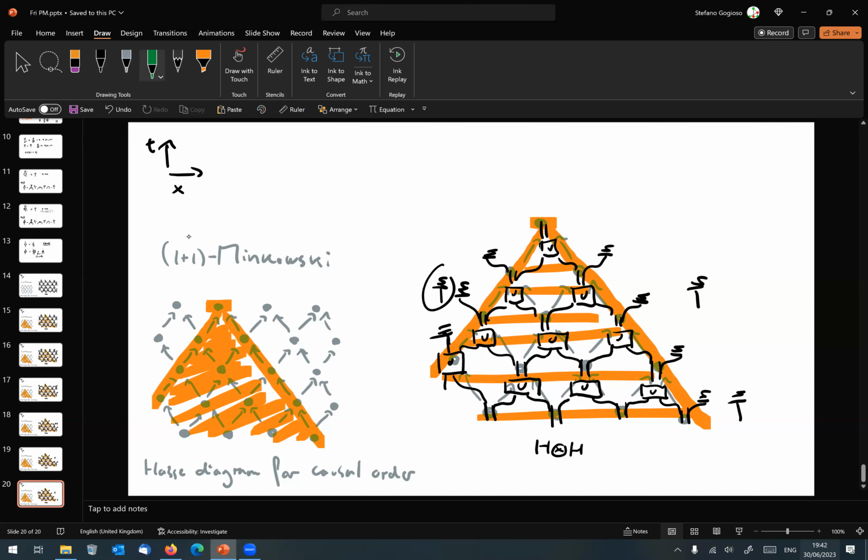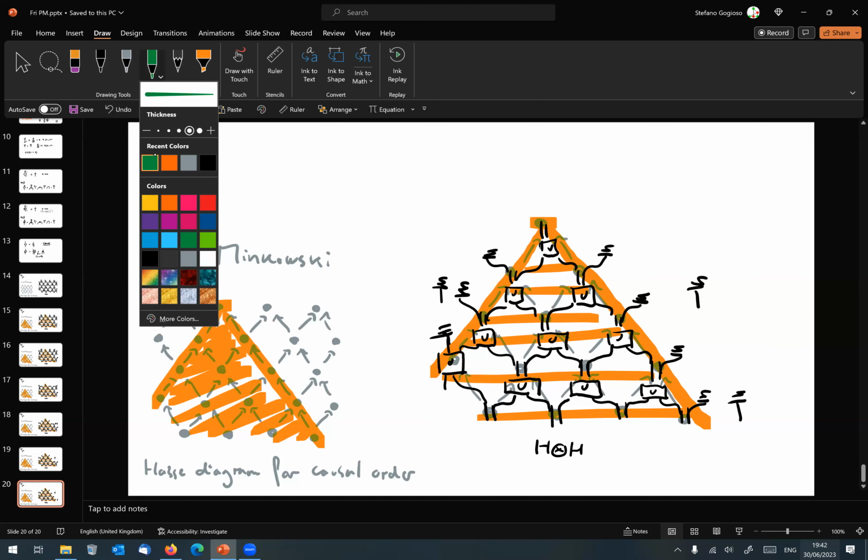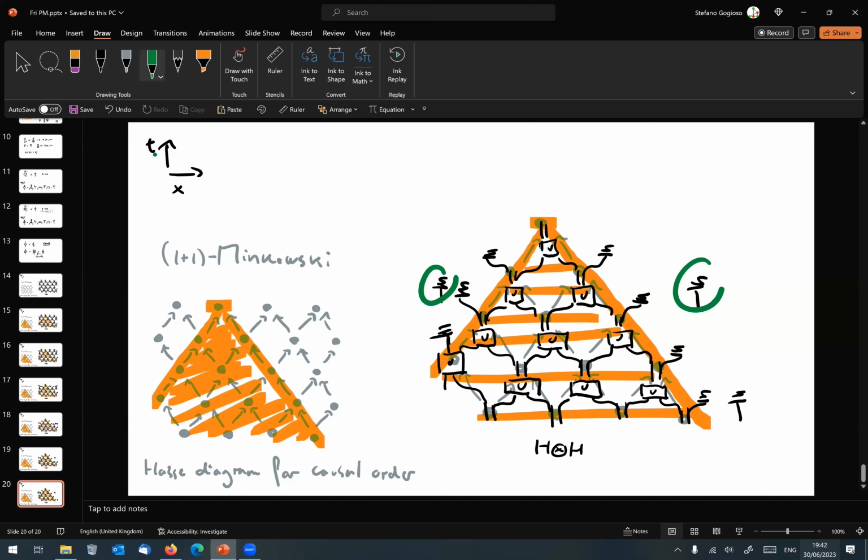And so I observe that this, wrong color, this, and this are irrelevant. So whatever state was there is not connected to the rest of my diagram, so I can disregard them.